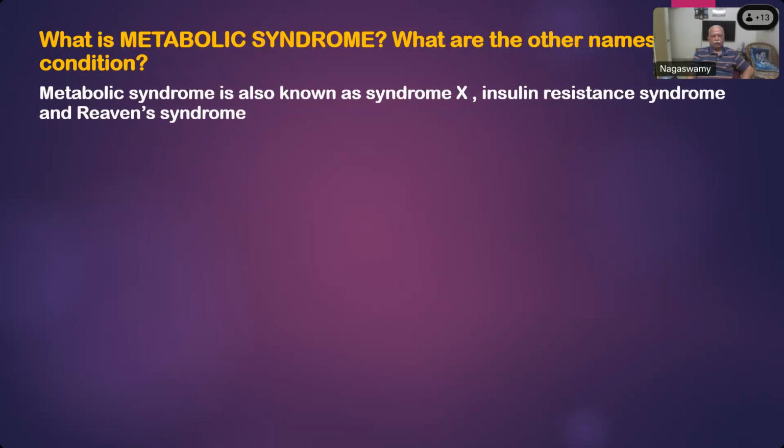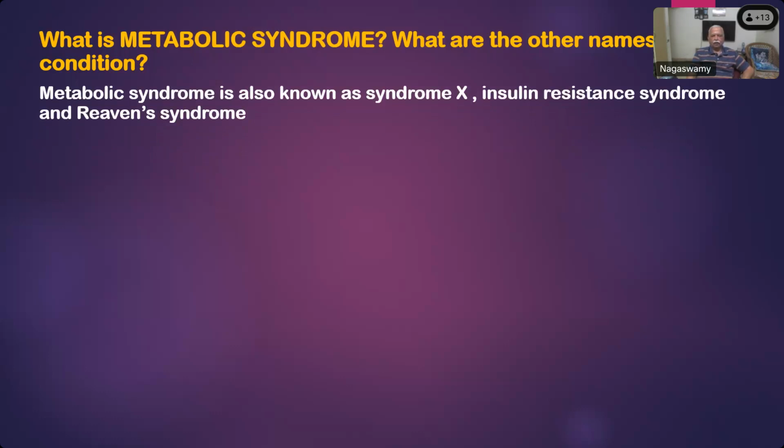Okay, Reaven is a person. Gerald Reaven is a person who was a cardiovascular specialist in Stanford University, and he investigated and found out that patients who develop insulin resistance develop this metabolic syndrome.